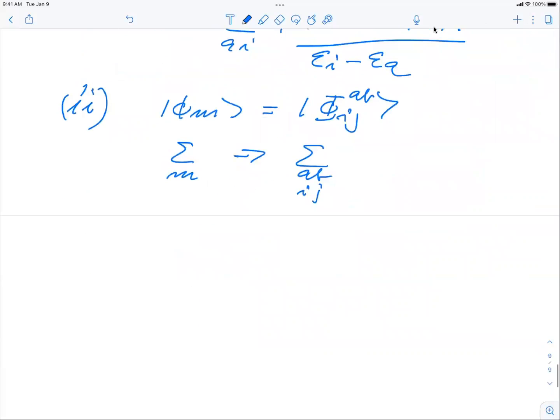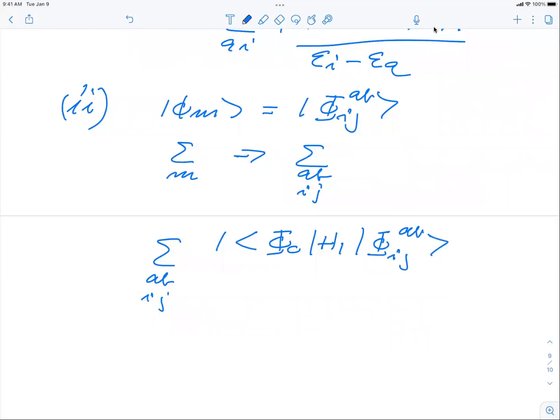And if we now do the calculations, what we're going to get is a sum over a, b, i and j, and then we are going to look at the matrix elements of Φ0 with H_I, and then we have Φ_ij^ab, squared, divided by, in this particular case, since we have removed two particle two-hole states, an ε_i plus an ε_j, and then we have added these two particle states.